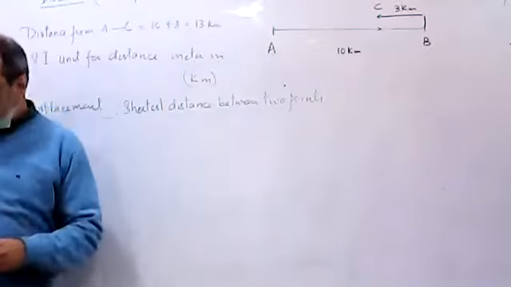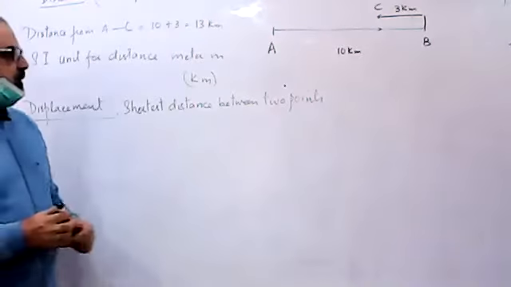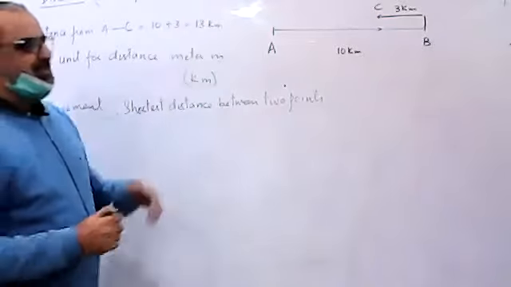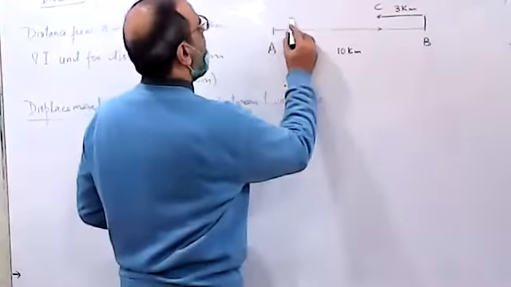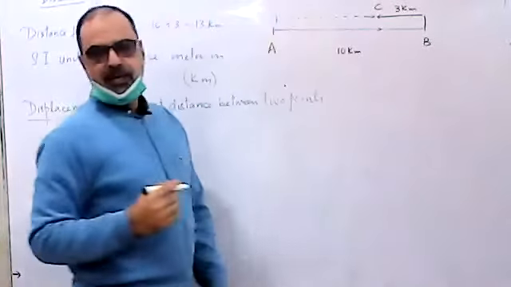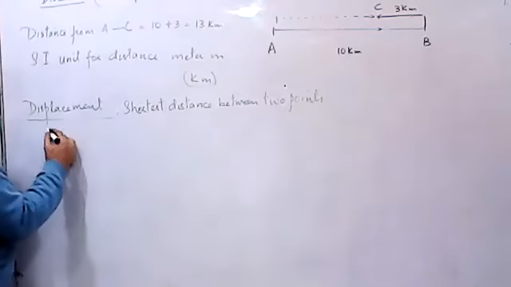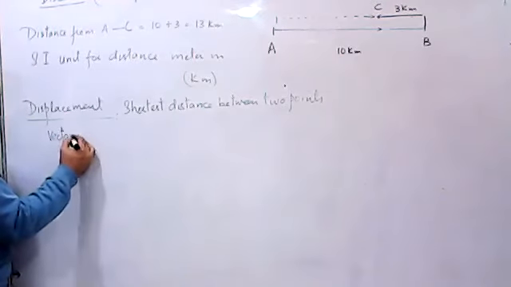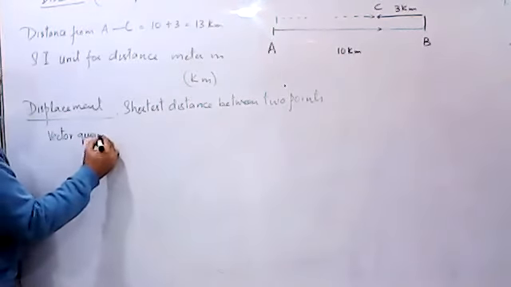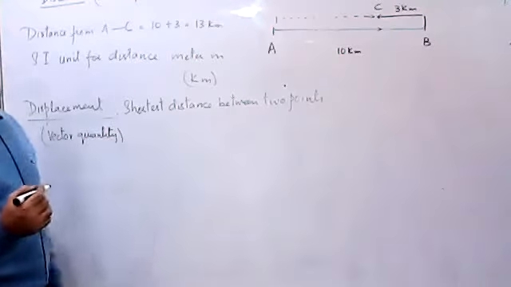So the shortest distance between A and C will be from A to C. Because it is a vector quantity, displacement is a vector quantity, so it has direction as well.